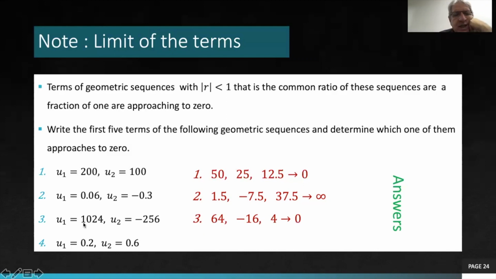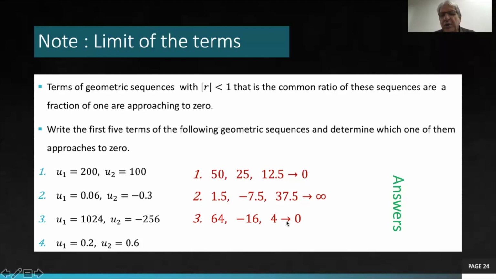Now look at here. When you are having something like that, that means you are actually dividing by negative 4. If you divide this by negative 4, even though you started with 1000, you are going to get this, and then negative 16, and 4.